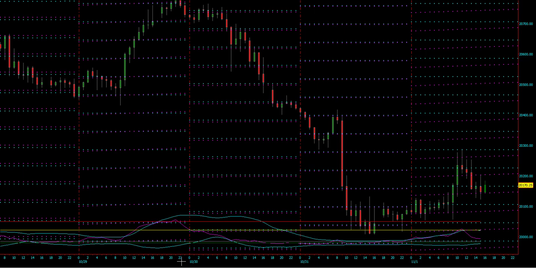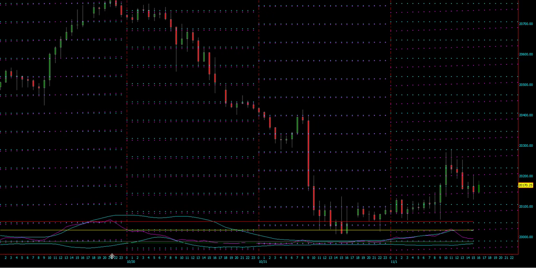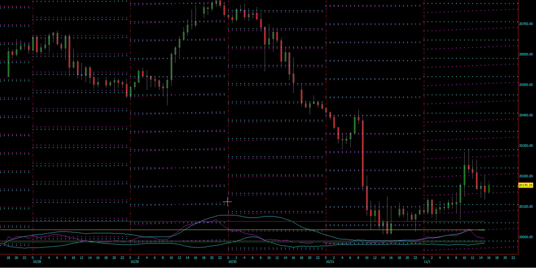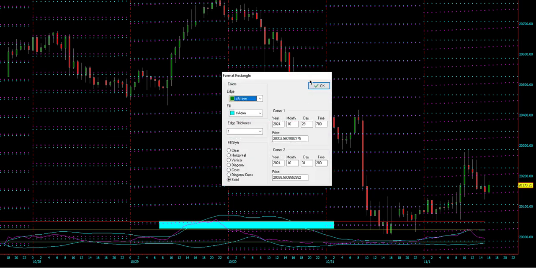Let's put the contract tracker, okay? So we had a long bias today, I said, right? For the reason. What was the reason? The reason is this. This is the sell area on the contract tracking.